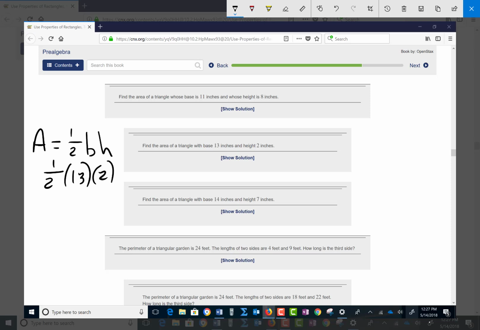And if you're using a calculator, you can change the 1/2 to 0.5 if you want to get your math correct. I would probably look at it and go 13 times 2 is 26, and half of 26 is 13. It is area and it's inches, so you would do square inches on that one. So that's how you would deal with that one.